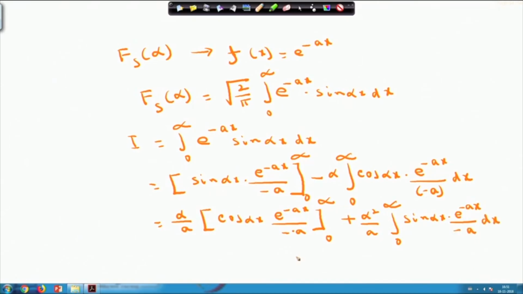If you see, this part again will not be there. This part value will be alpha by a. For the first part it will be 1 by a, this is 1, this is 1. So, this is 1 by a minus, this minus is coming, and alpha by a we have taken common. So, alpha by a will come.